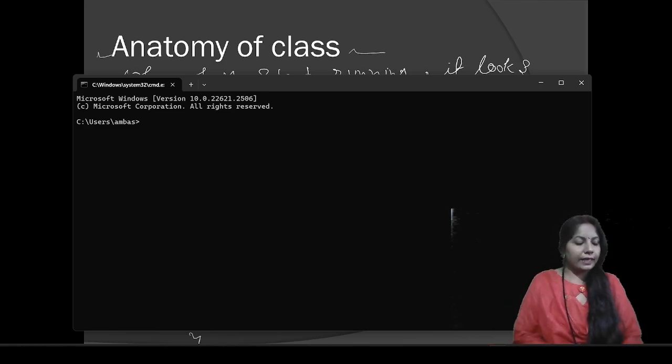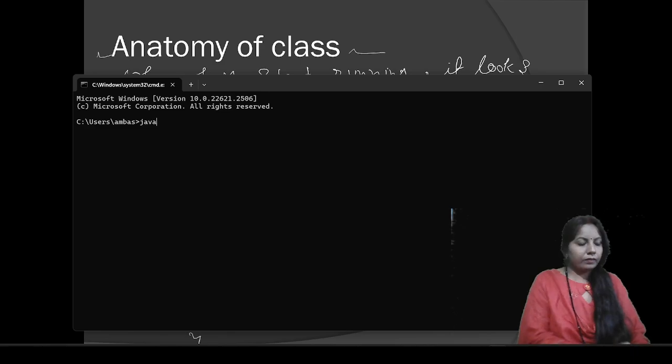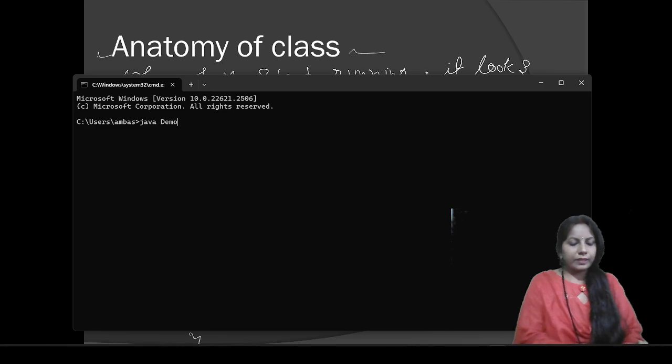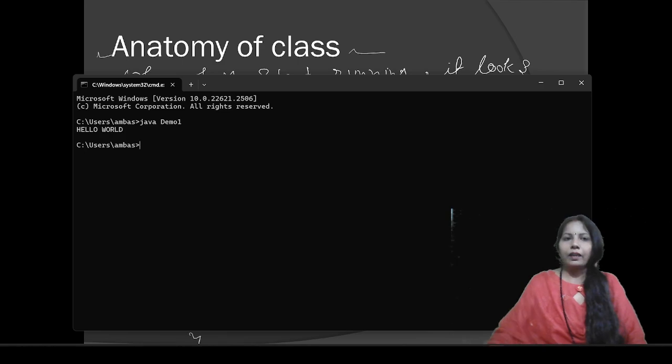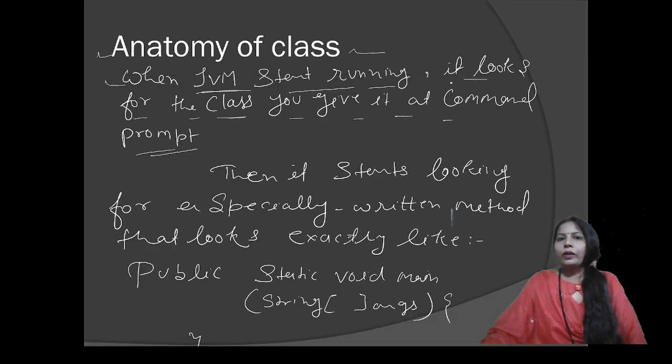So here I write java and the class name. I have also discussed this in my previous class demo. Now press enter. Now it prints hello world. So it looks for the class you give at the command prompt. At first it looks for the class demo 1.